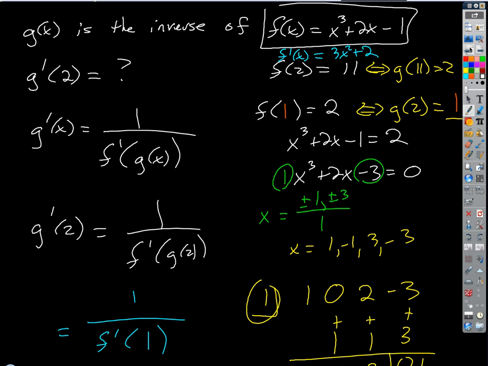And the input of f equals the output of g. Well, we don't even know what g is, so we can't directly find the output of g. What we have to do instead is find out what the input of f would be.